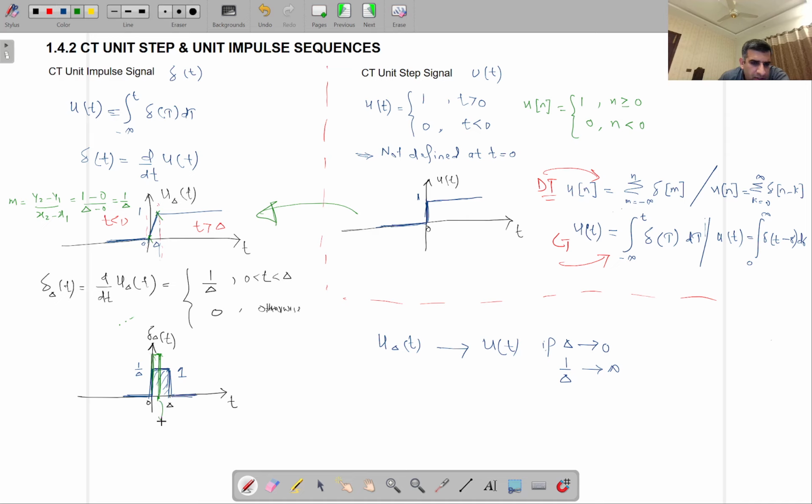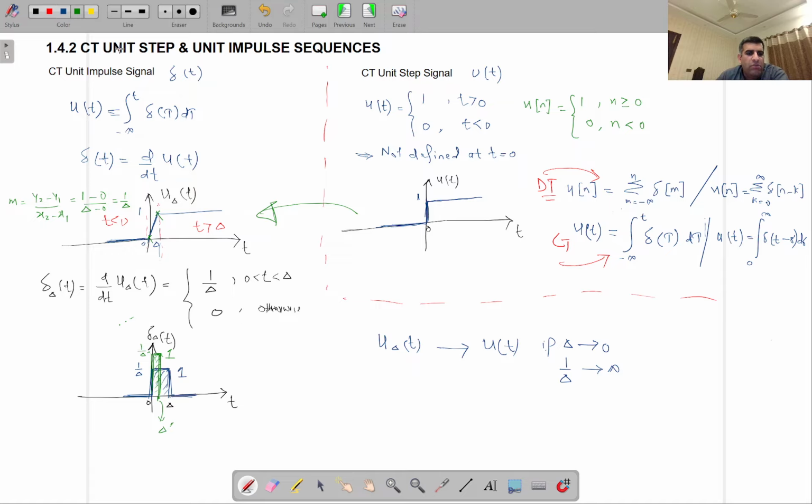If we take this as new delta and call it delta dash, then my impulse is going to be of 1 upon delta dash height. And again, interestingly, if I take the area, the area is going to be equal to 1. So irrespective of what the delta value is, the area of this impulse is always going to be equal to 1, and that is the area.